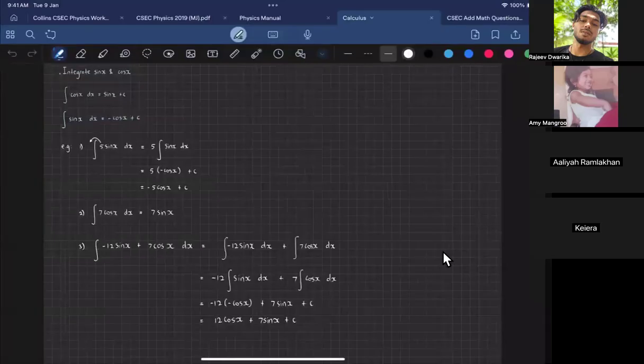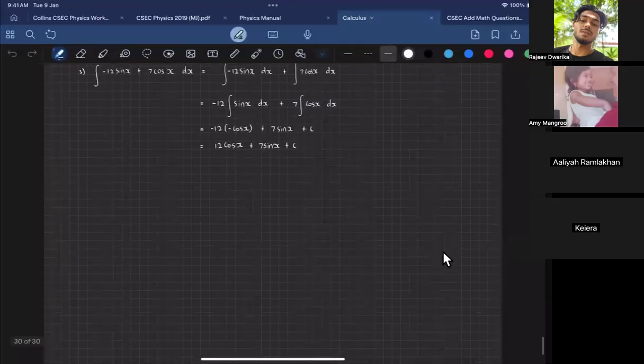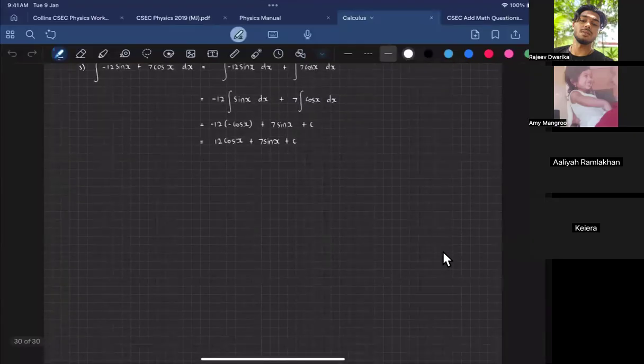I finished. Okay, nice. Maybe I could try one time. Wait, give me a second. I have one more thing I need to show you for when you integrate sine and cos. There's one more thing.